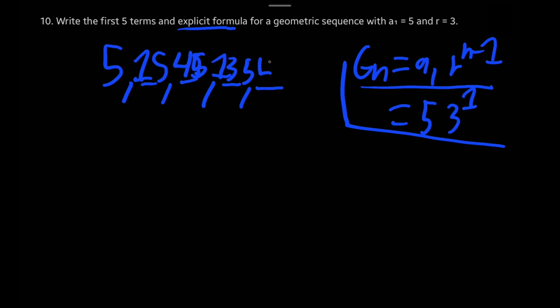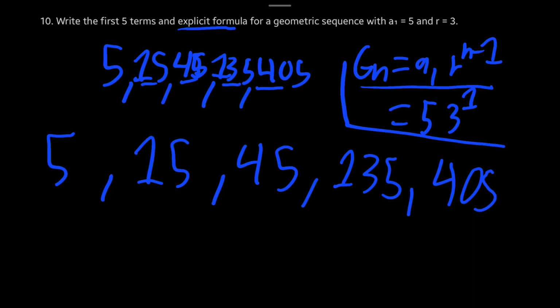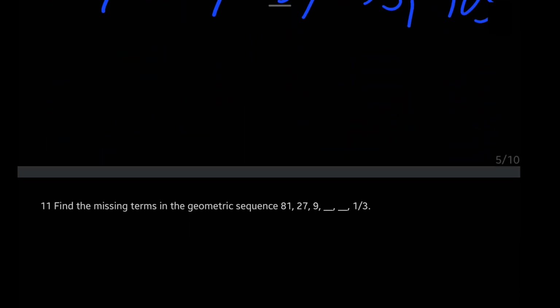Anyways, the fifth term would be 405. So the terms would be 5, 15, 45, 135, and 405. Moving on.